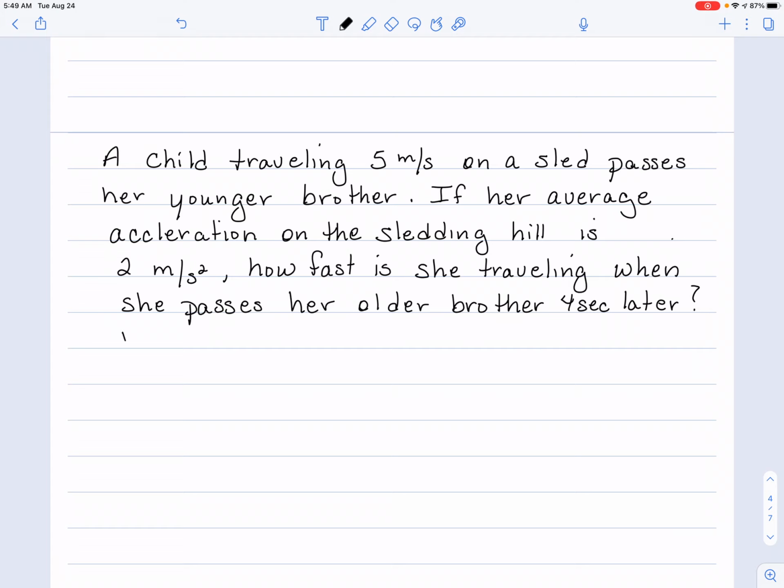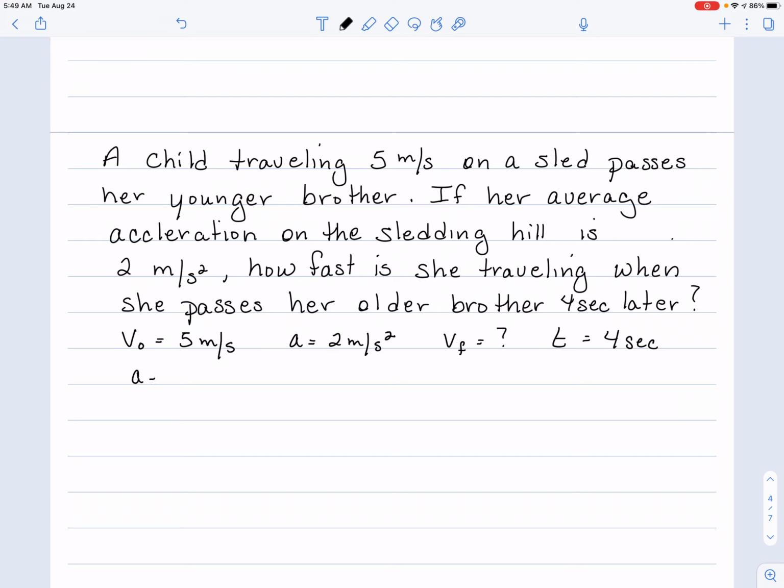Well, we're told that initially she's traveling at 5 meters per second. We're given her average acceleration to be 2 meters per second squared. We want to know her final speed, and we're told that final speed we want to know is after 4 seconds.